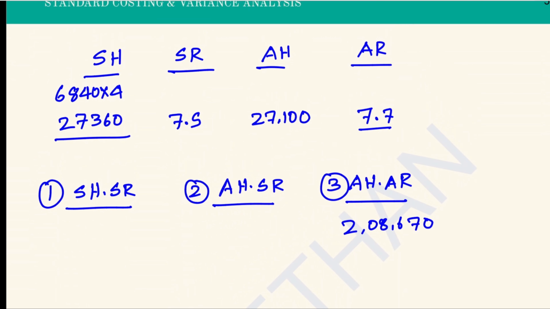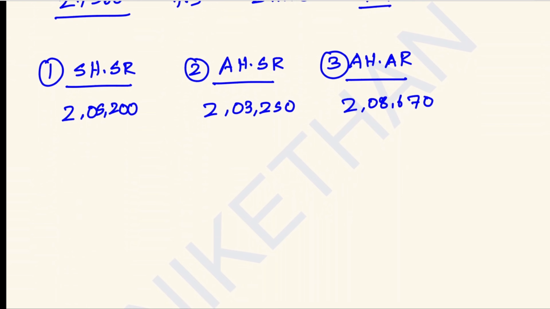SH is 27,360 into 7.5, which is 2,05,200. Then AHSR is 27,100 into 7.5, which is 2,03,250. Now work is done.